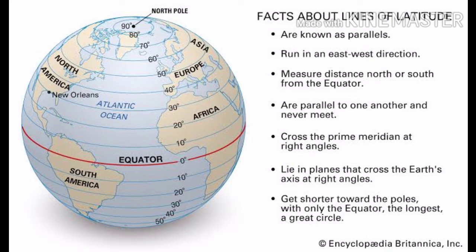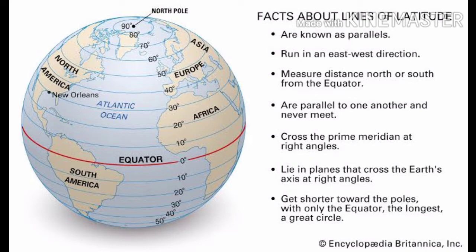And latitude is also called parallels because latitudes are drawn parallel to the equator, therefore they are also called parallels. So latitude is the angular distance, because latitude is measured in angles.